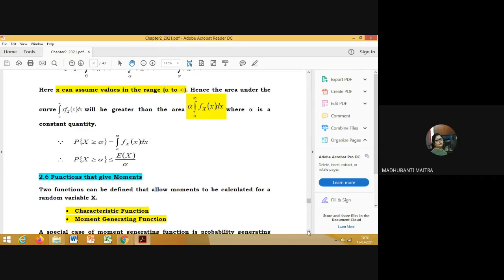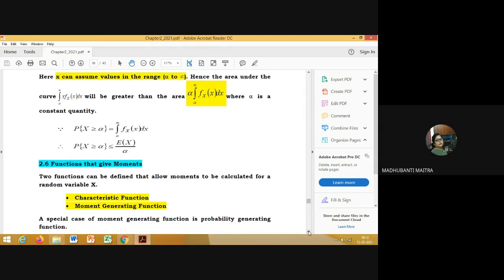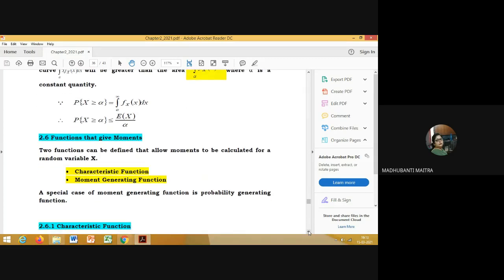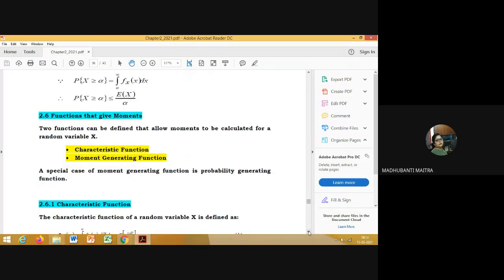Now we'll discuss how to generate moments. We have already discussed what is meant by moments. Now we'll discuss how to generate these nth order moments. If we can compute the nth order moment, then by putting different values of n like 1, 2, 3, we can find the first moment, second moment, third moment, and so on.